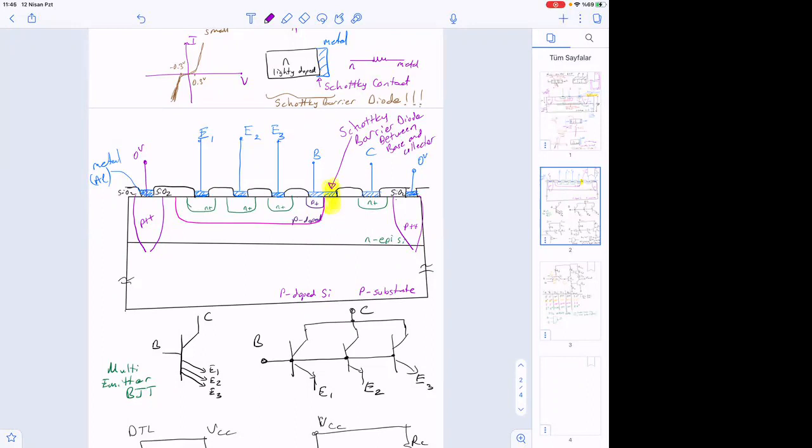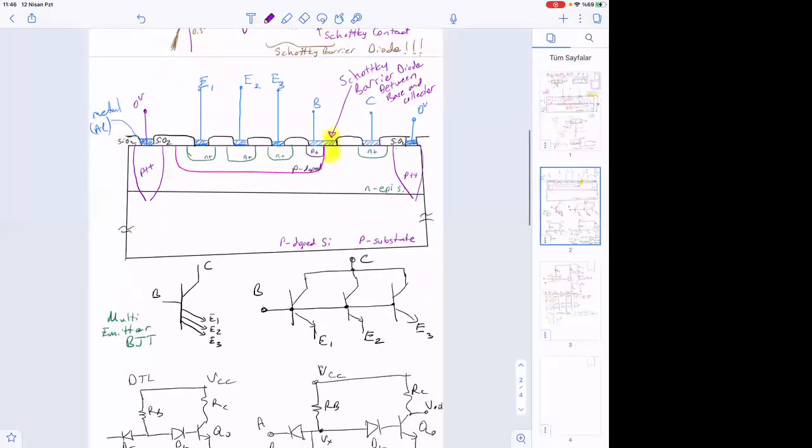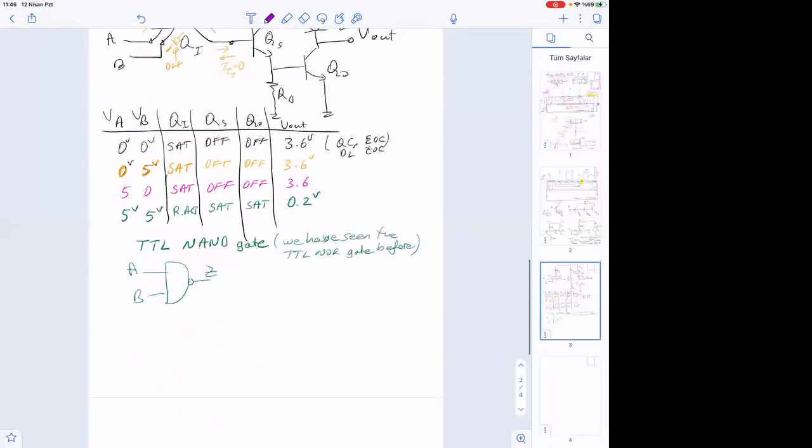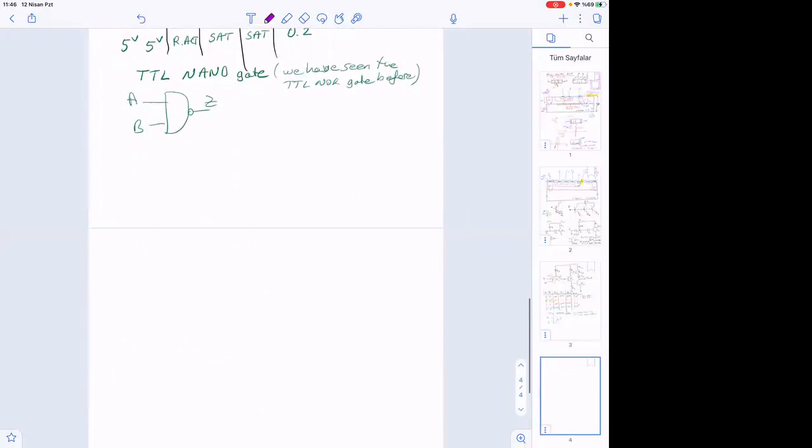Okay. So a Schottky barrier diode between base and collector.